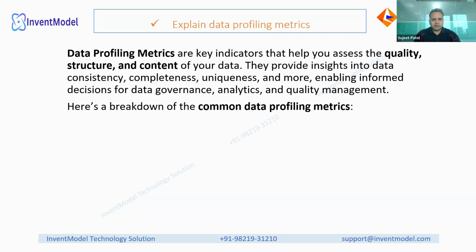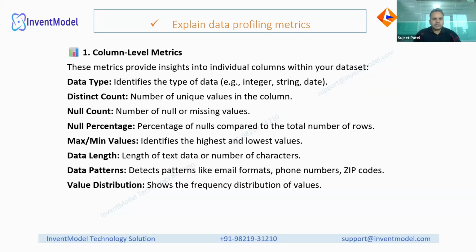They provide insights into data consistency, completeness, uniqueness, and more, enabling informed decisions for data governance, analytics, and quality management. Here is a breakdown of the common data profiling metrics, and let's understand the different metrics we have.